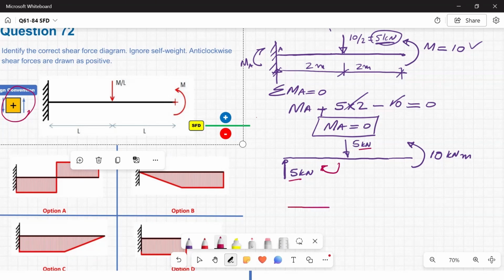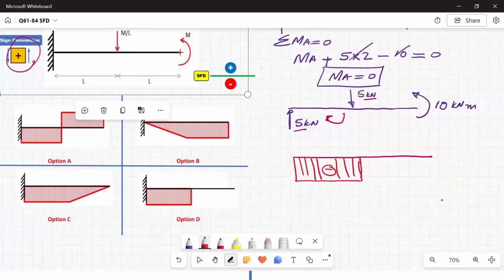This means that this has to be drawn at the underside. So this goes under and goes straight, and the reaction is bringing it up. This is negative. So this is our shear force diagram, and the correct option is option D.